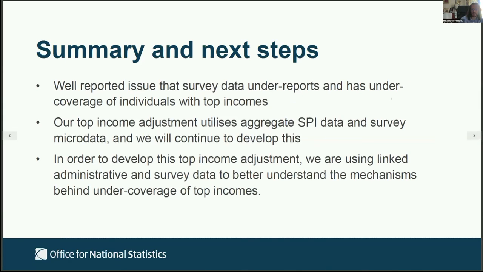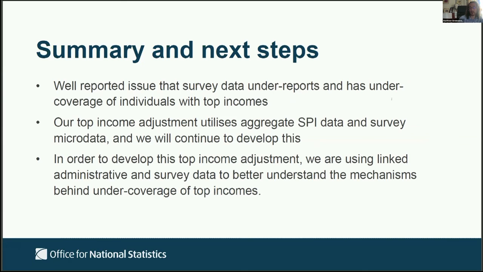So Dom's talked about how we have this well-reported issue that survey data underreports and has undercoverage of individuals with top incomes, and how we have a top income adjustment now which utilizes aggregate SPI data to fix this. And I've just tried to touch briefly on how we want to continue to develop this.